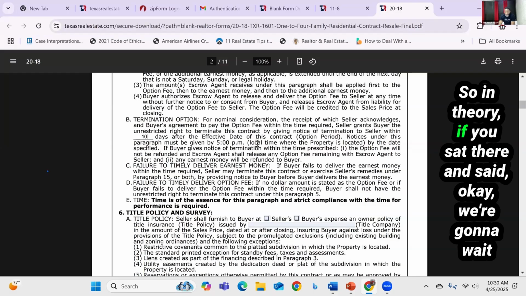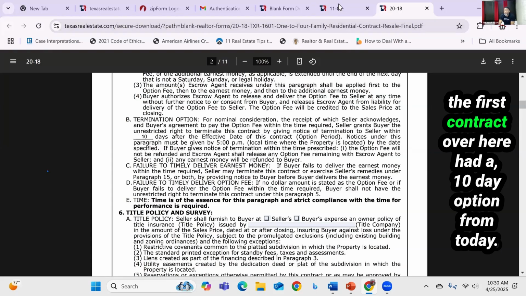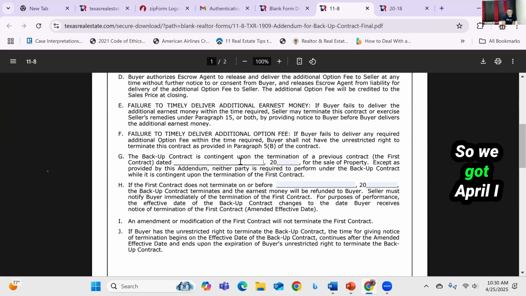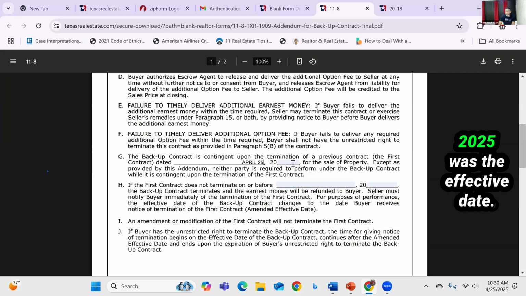So in theory, let's put it in perspective. Say the first contract had a 10-day option, and April 25th, 2025 was the effective date.